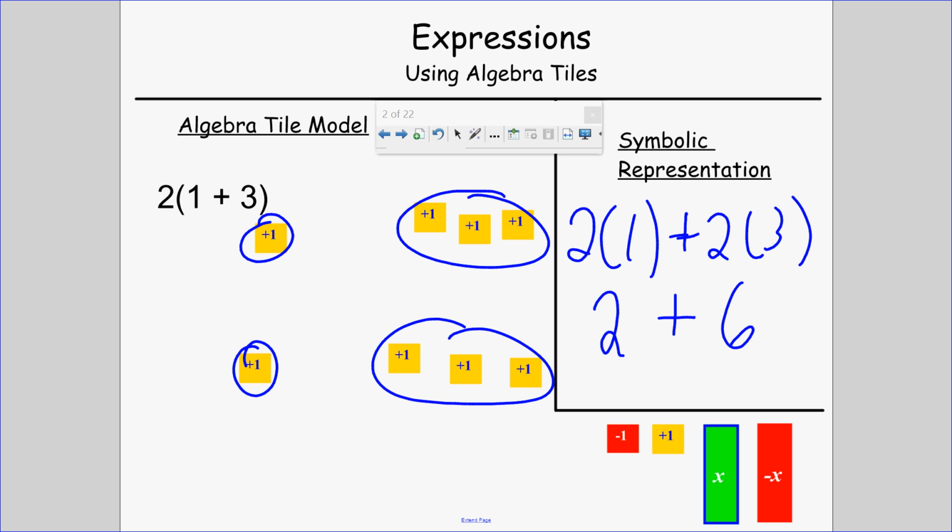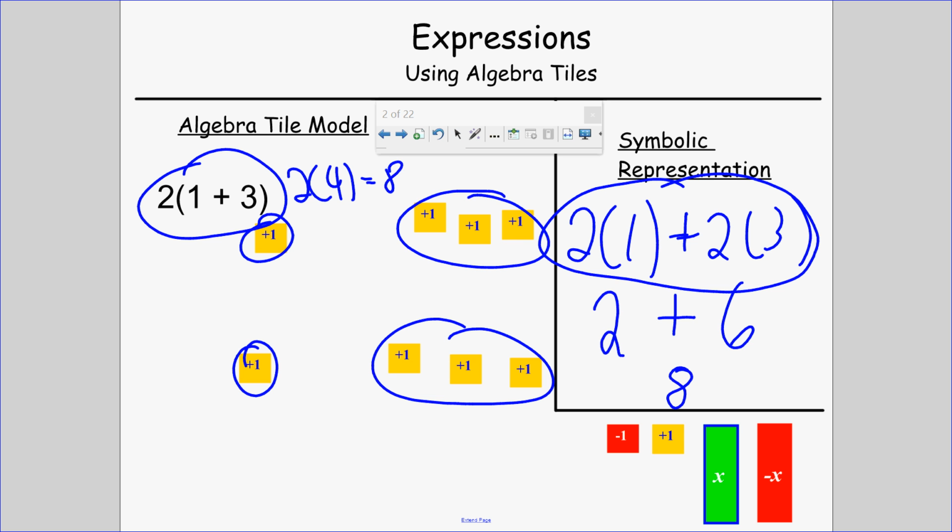And what do 2 plus 6 add up to? 8. Let's see if that is equivalent to this. What's 2 groups of 1 plus 3? 2 groups of 4 is also 8. So we can represent this expression this way: 2 groups of 1, 2 groups of 3.